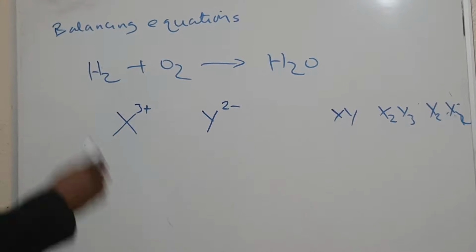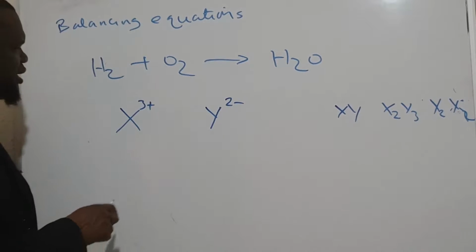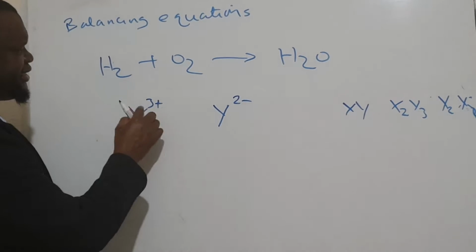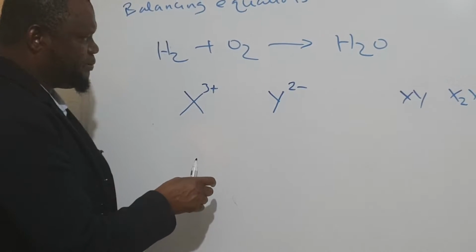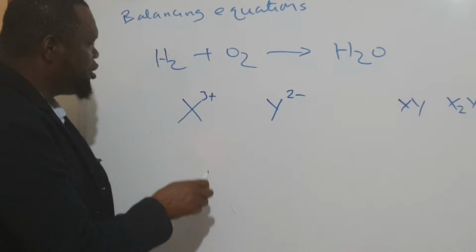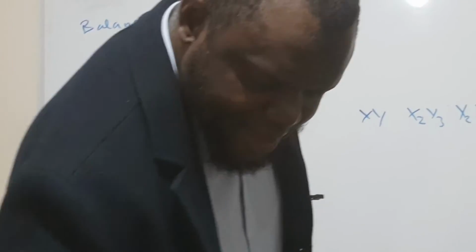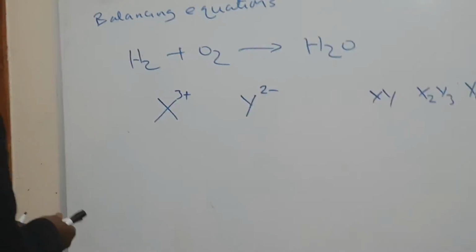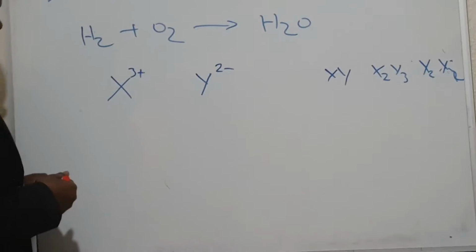Okay. The simplest thing I ask, instead of you saying, let's find the LCM of 3 and 2 and then divide. No. That will be a long way to do it. What happens is, for these two elements, the compound that will be formed, you exchange the valences.